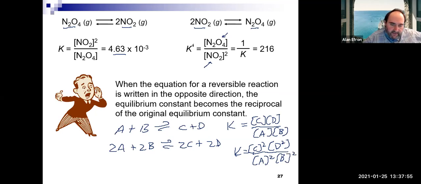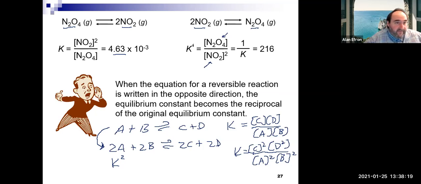And if you look at what is the difference as we go from the top reaction to the bottom reaction in terms of the K value, is we squared it. So we multiplied by 2, we basically squared the K value. If I multiplied by 3, it would end up being cubing it. You would then cube the K value.